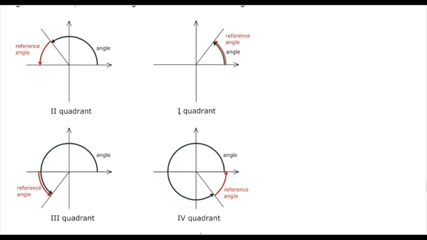There's only 4 different ways you can find a reference angle. If your angle is in the first quadrant, then the reference angle is just the angle to the nearest x-axis over here. If you're in the second, the reference angle is the angle formed between the negative x-axis and this angle.